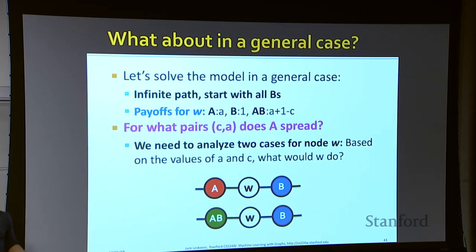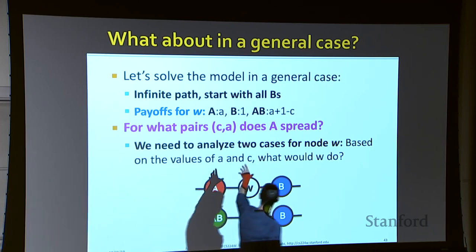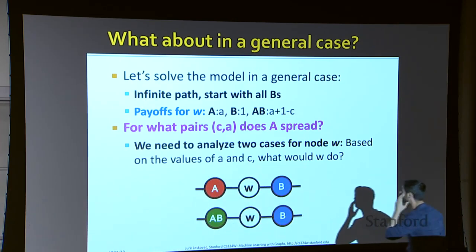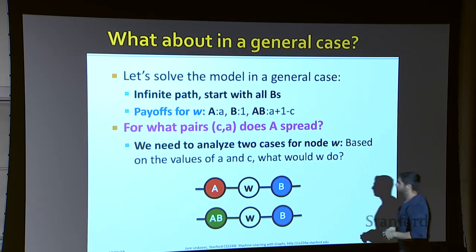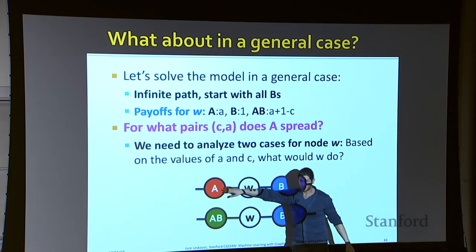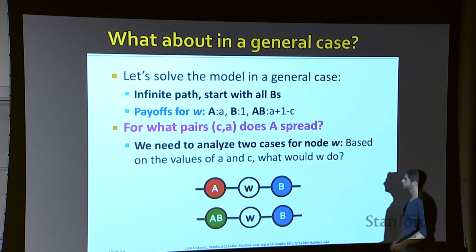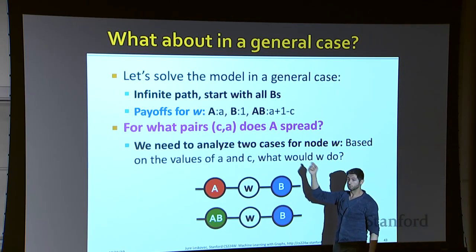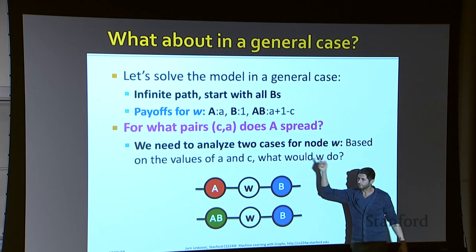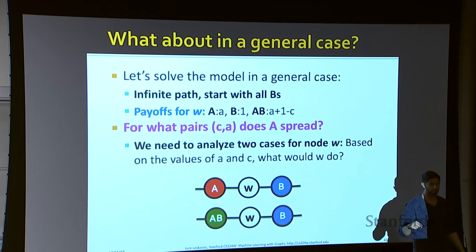How can we generalize this case, right? So we like models that we can generalize and adapt, and where we can find out what happens with different choices of our payoffs, okay? So how do we generalize it? Again, we have an infinite path. Everyone starts with B's. We have our set of core adopters of A, and the payoff between A's is equal to A. Now we're going to have a fixed value for the payoffs of B, okay?